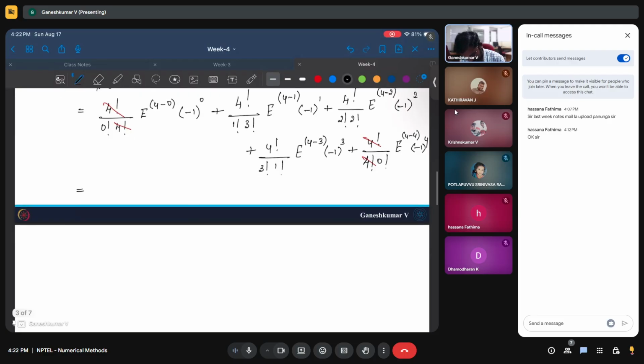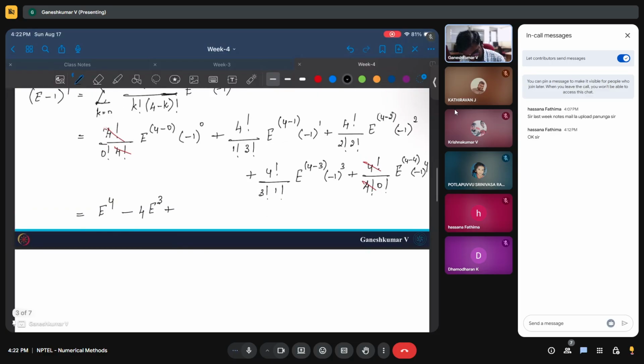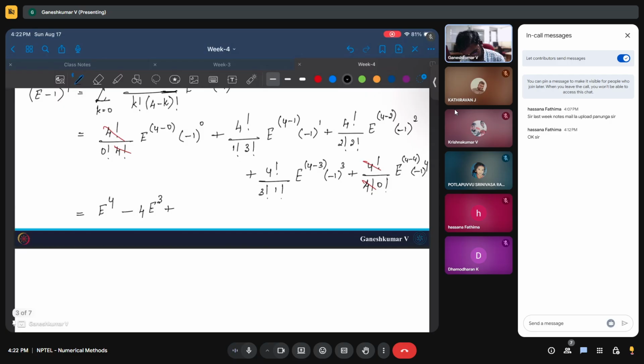If I write them out, it is going to be e^4 times (−1)^0 which is 1, plus 4e^3 into minus 1, plus 3 times 4 divided by 2 e^2, 1 squared is 1, and then plus 4e into minus 1.